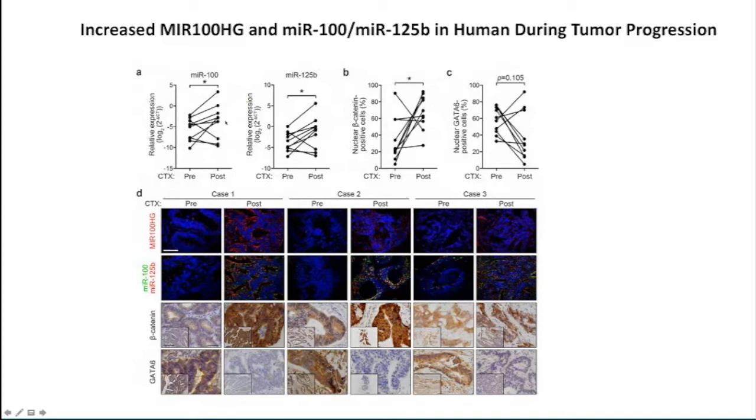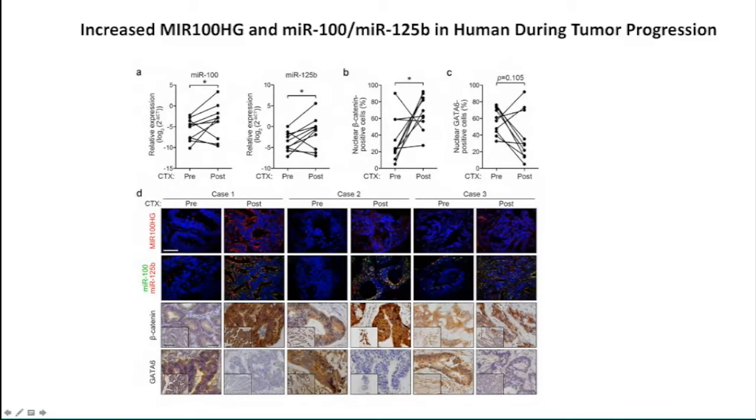As those two increase and they block the negative regulators of Wnt, then we see mostly an increase in beta-catenin levels. And then over here on the GATA6, a decrease in GATA6.